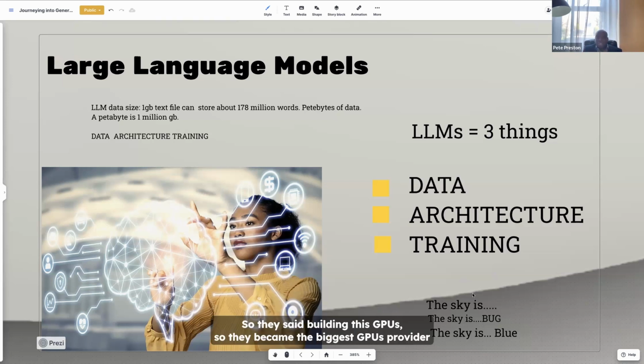So they started building these GPUs. So they became the biggest GPU provider. And this is what pretty much everybody uses right now, from Toyota, Mercedes, all the way to OpenAI, Anthropic. So that's what they use coming out right now.